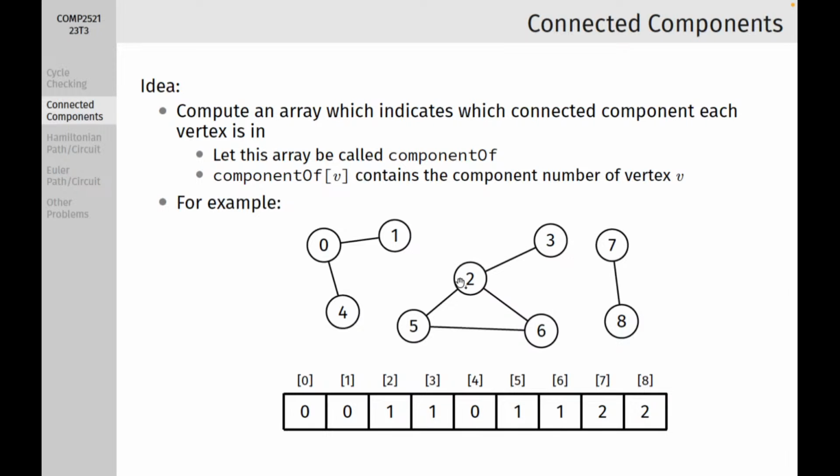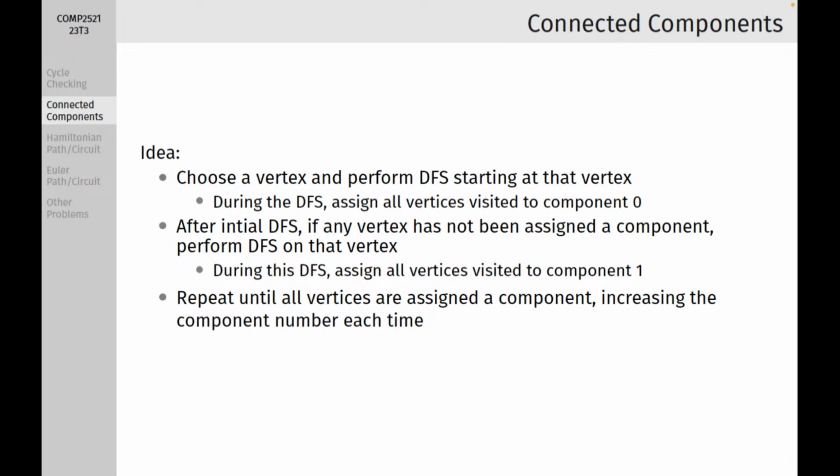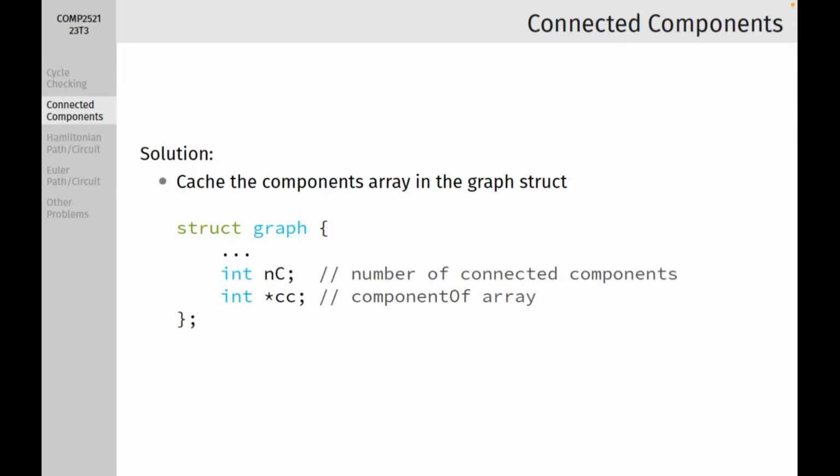Because these two vertices were in different components, we're now merging the two components together, and that means we're going to have to decrease the number of connected components, and we're going to have to change the component number for 2, 3, 5, and 6. We're going to have to change these to 0, because they're now in the same component. So we're going to have to maintain that.